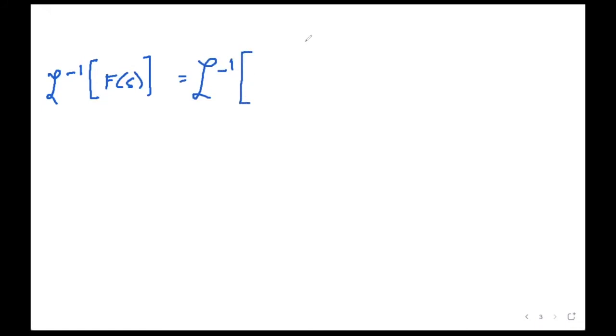A over s minus 1, the value of a is 1/2, right? So 1/2 over s minus 1 plus b over s minus 2. What's the value of b? Negative 1 over s minus 2 plus the value of c is 5 over 2 over s minus 3.